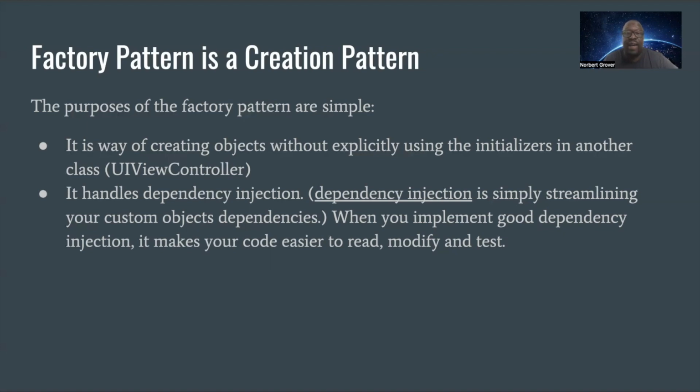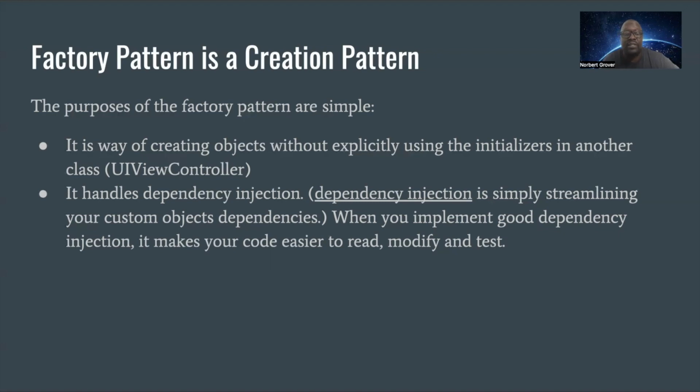The purpose of the factory pattern is to basically create custom objects, but you want to create custom objects where you aren't making instances of the class all within your view controller.